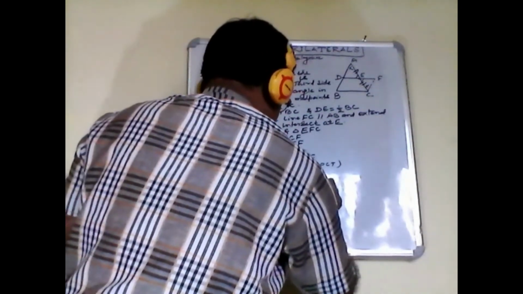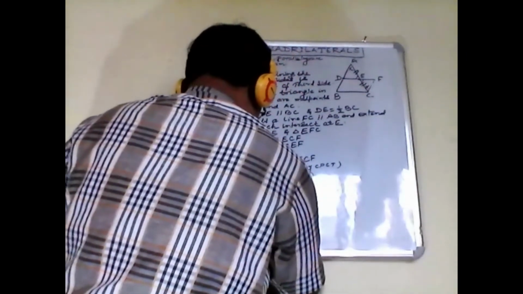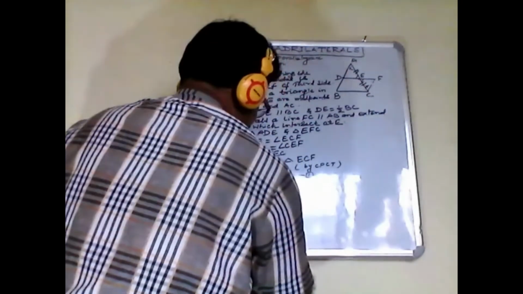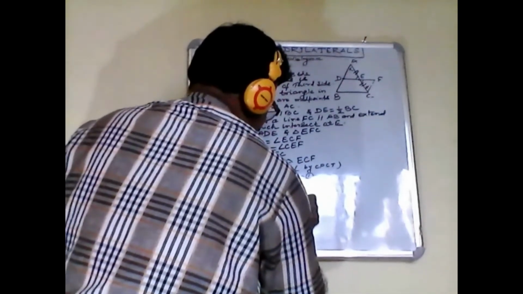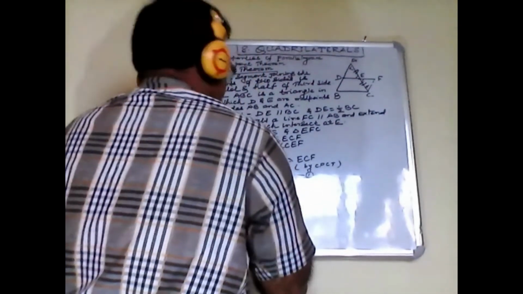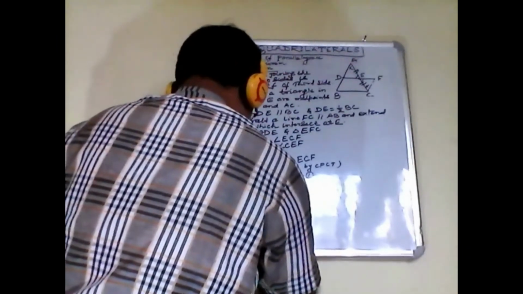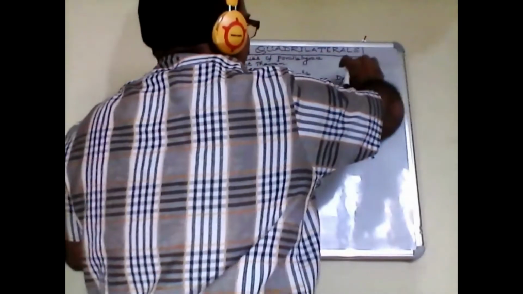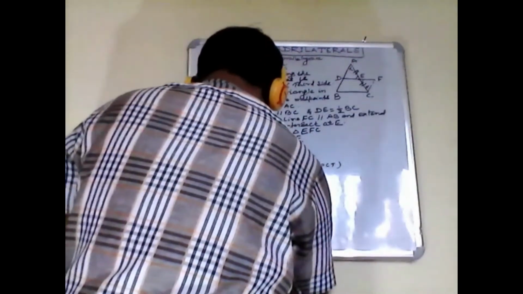This may be equation 1 and 2. From equations 1 and 2 I can write BD is equal to CF, and you can also see BD is parallel to CF.